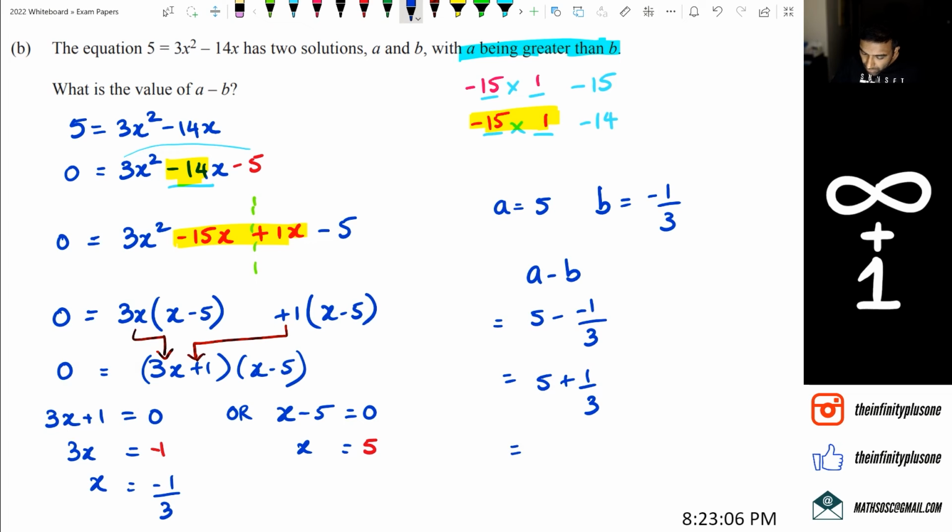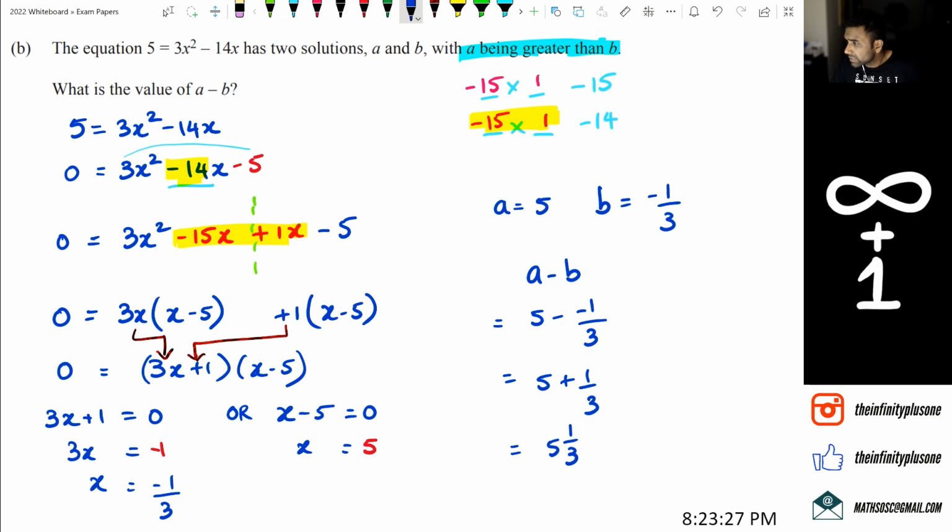We can write it as 5 1/3 as a mixed fraction. Now, be careful. Sometimes people see 1/3 and write it as 0.33 and round it. We want to leave the answer as accurate as possible, so that's why we leave the answer as a fraction in this case.